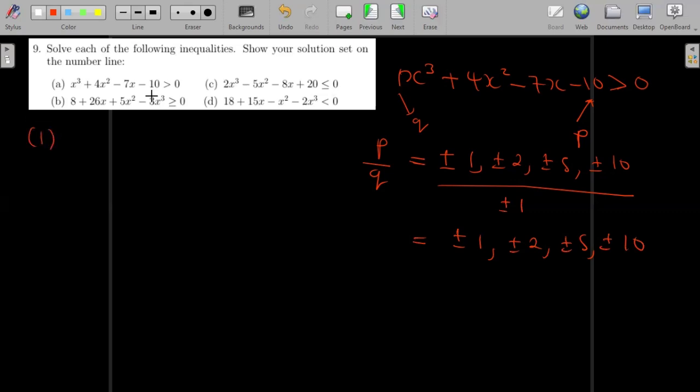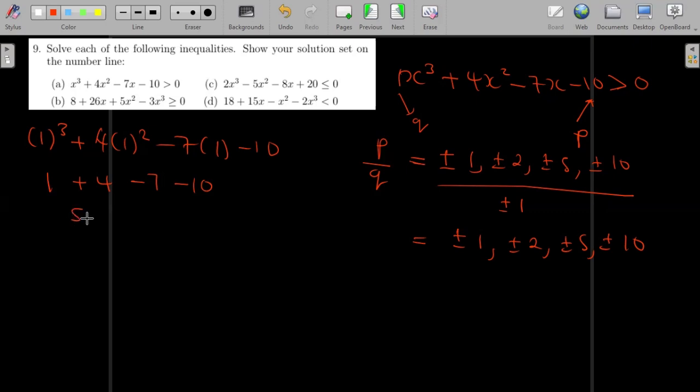After getting the 1, we want to cube this one, since that's what it's saying, then plus 4 times 1 squared, then minus 7 times 1, then minus 10. So this gives us 1, this gives us 4, this gives us negative 7, that gives us negative 10.